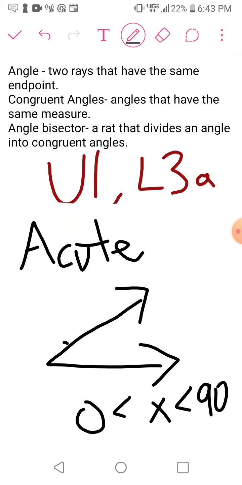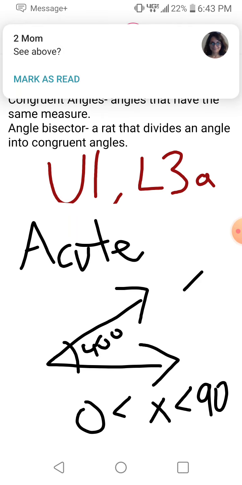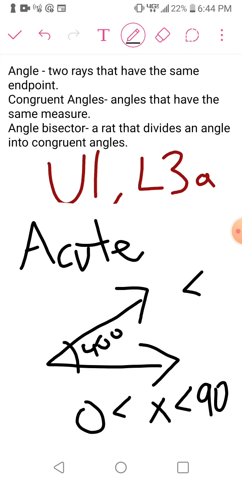So you can use a protractor to measure it, and let's just say this one is 40 degrees. That could be what it is. So that's all you need to know. It's the one that kind of looks more enclosed. So yeah.